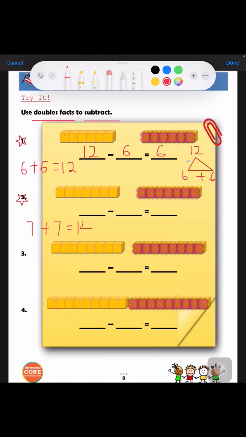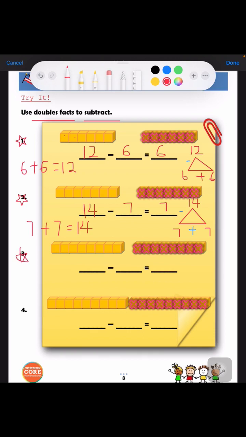And altogether, there are 14 blocks. If we take away half of it, how many are left? So we know that 7 plus 7 equals 14. Then 14 minus 7 equals 7. So we write down here, 14 minus 7 equals 7.